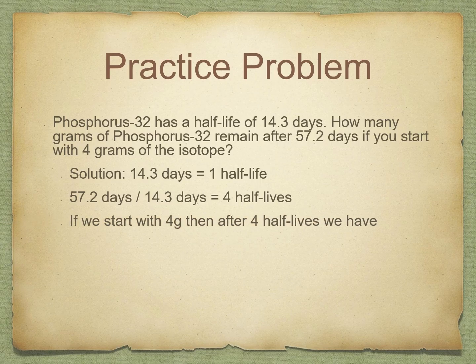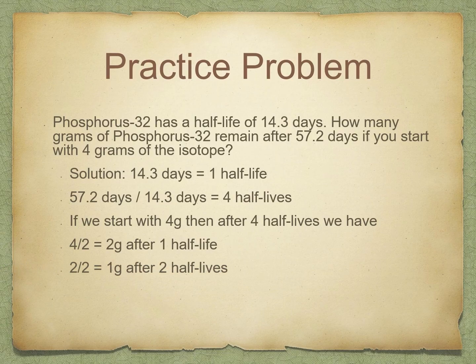During the first half-life, if we start with 4 grams, then we would have half of that remaining quantity, so just 2 grams. We've established that 4 half-lives are going to pass over this 57.2 day period. So after 14.3 days, or 1 half-life, we're now down to 2. After a second half-life, we would have half of that, so only 1.